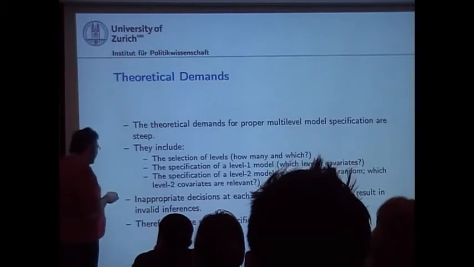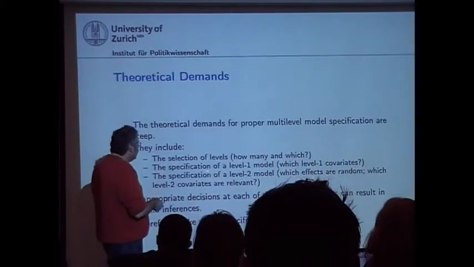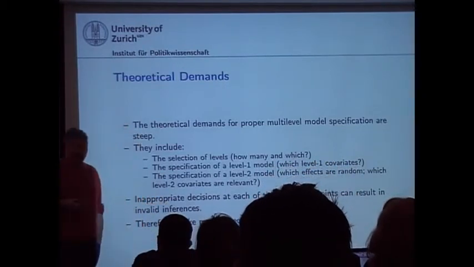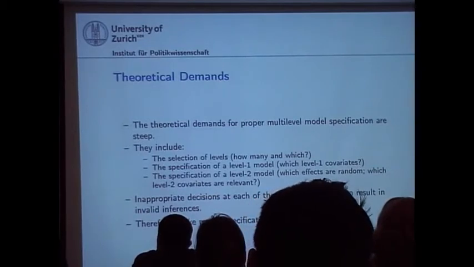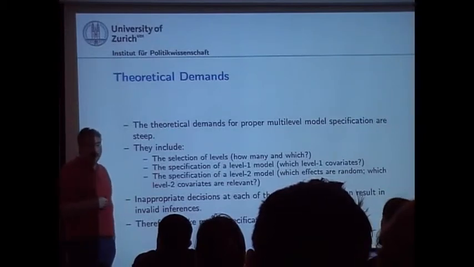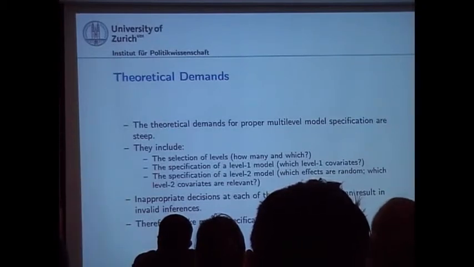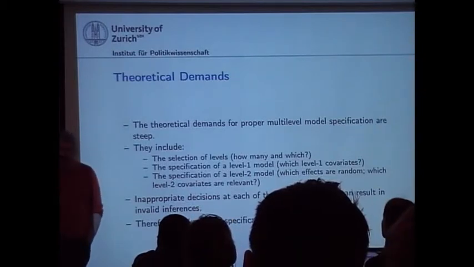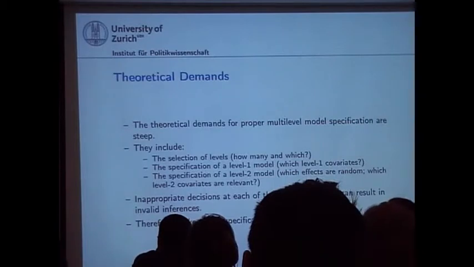The specification of the level 1 model, which is what we also would have to get right when we do regression analysis, but also the specification of the level 2 model we have to get right, including the level 2 covariance selection. So that's pretty steep.